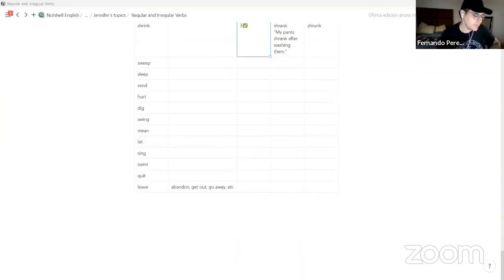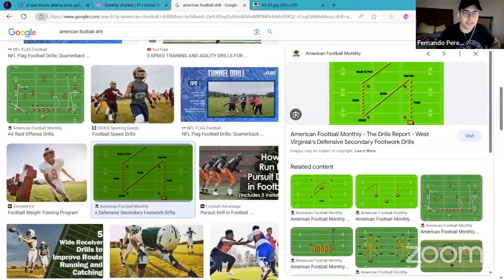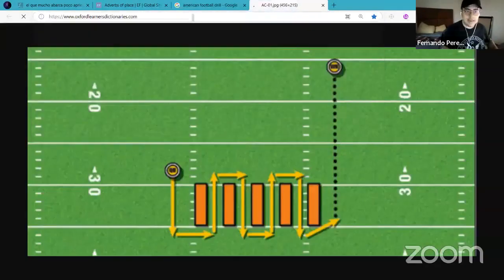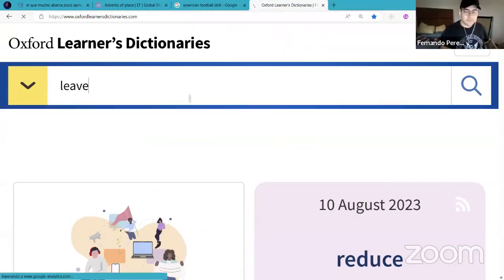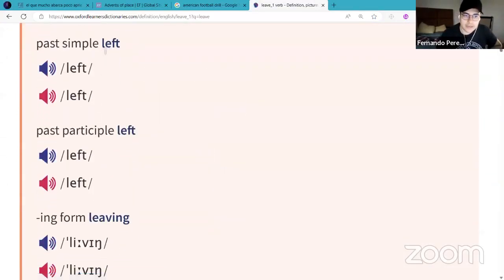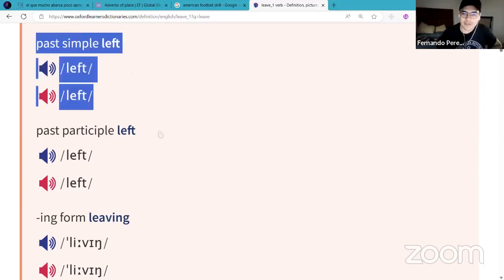So you open the Oxford Dictionary, go to the entry for leave, and check that it ends in T. This automatically will help you understand when the person says left, the person is speaking in past, not in present.